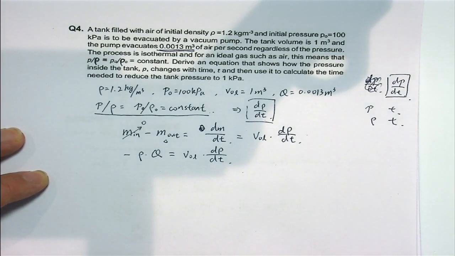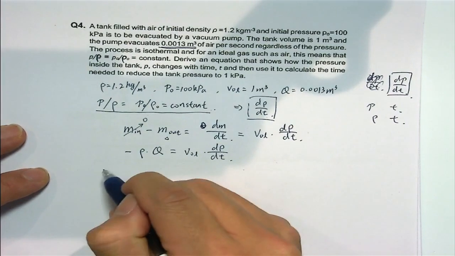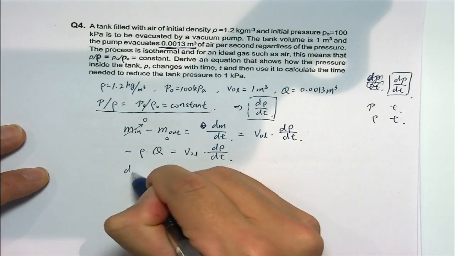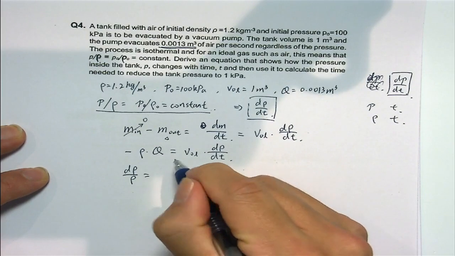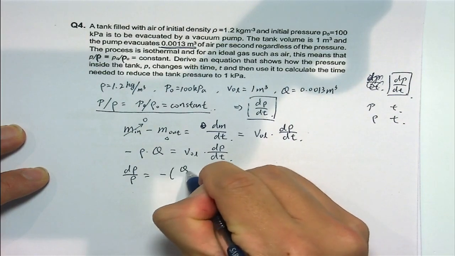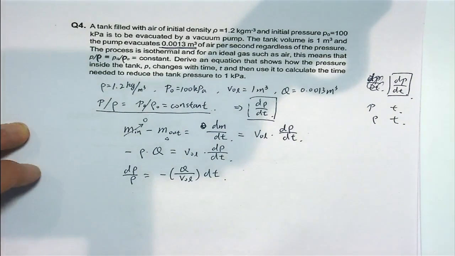So now we move some terms to mathematics. So d rho over rho, which is minus q over volume dt. We move the terms to one side. We move the rho to the left and the time on the right.